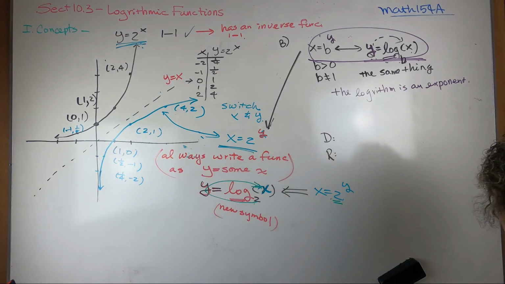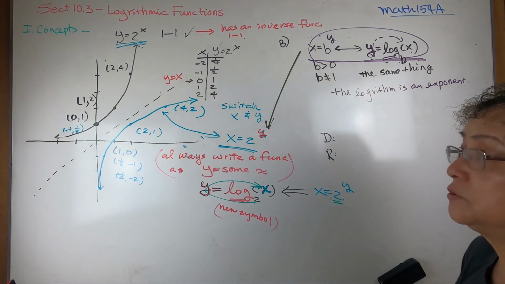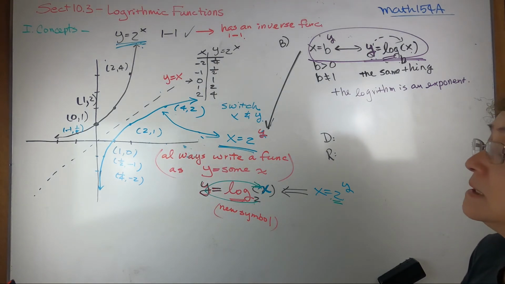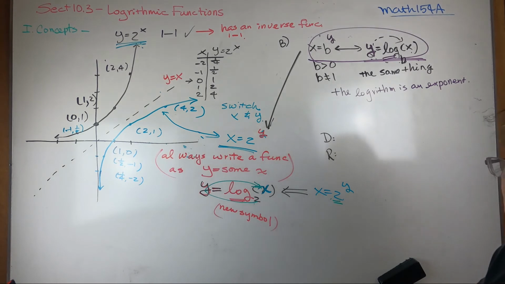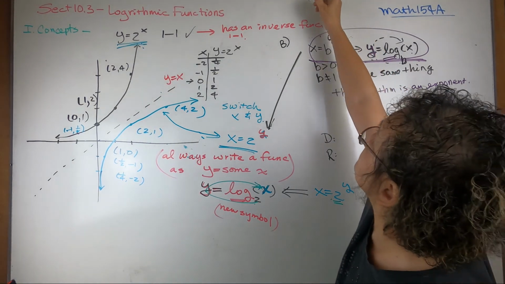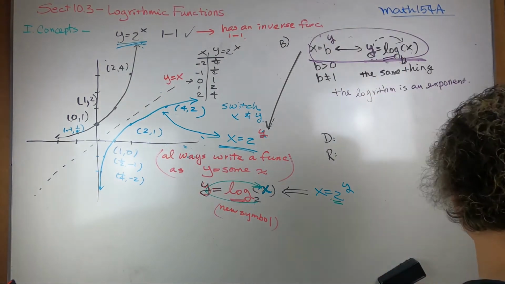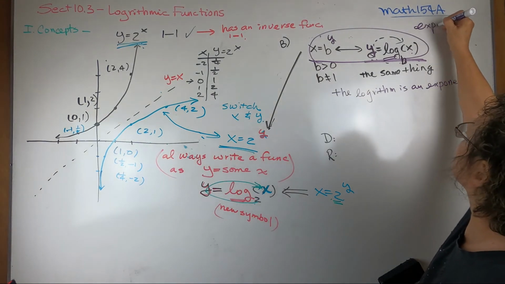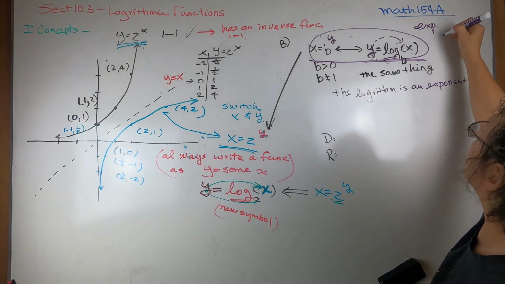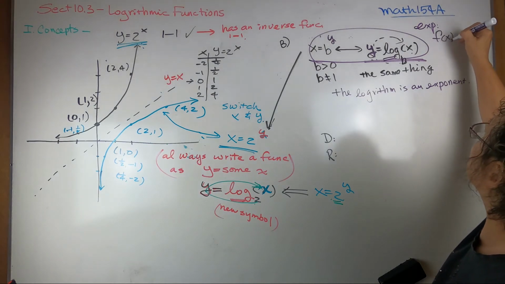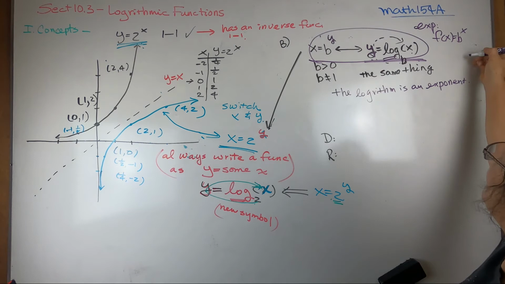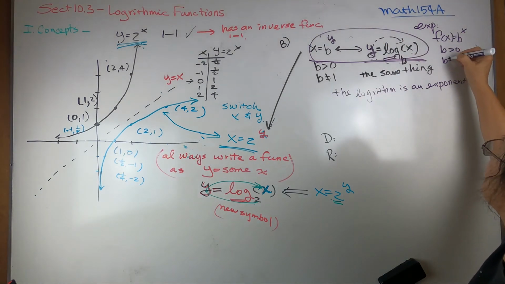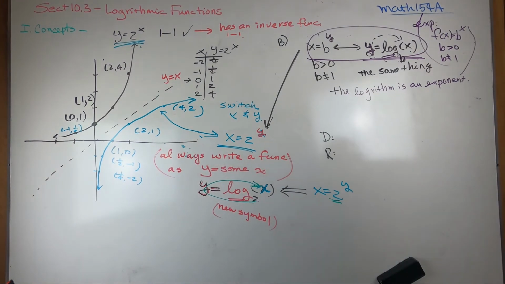So for your test, if I ask you to describe what is an exponent function, you will say, okay, for exponent function, f of x equals b to the x power. b is bigger than 0. b is not equal to 1, right?